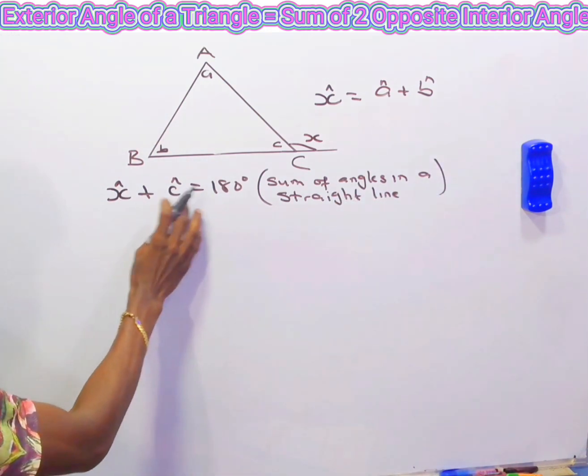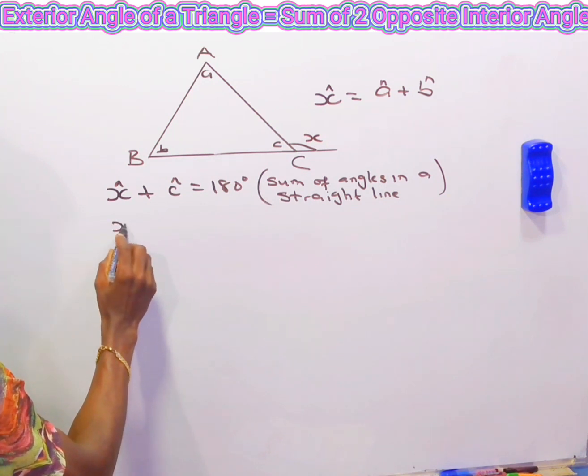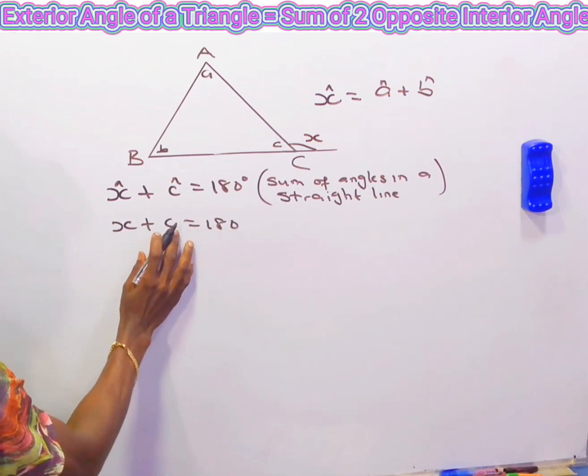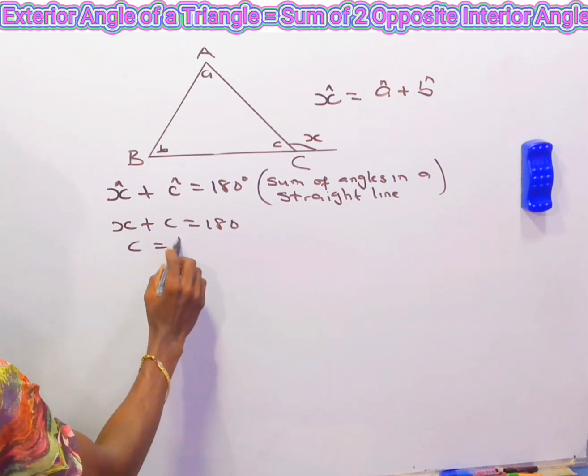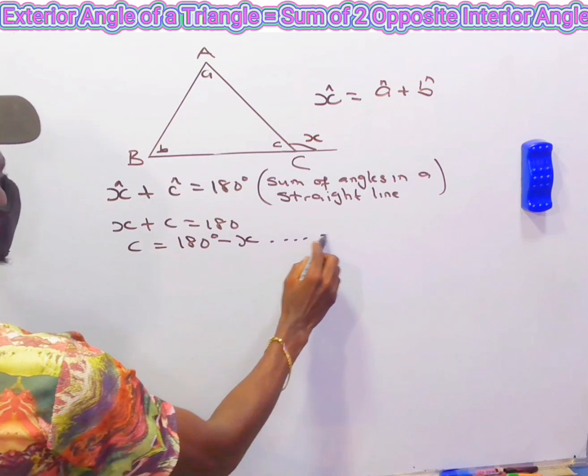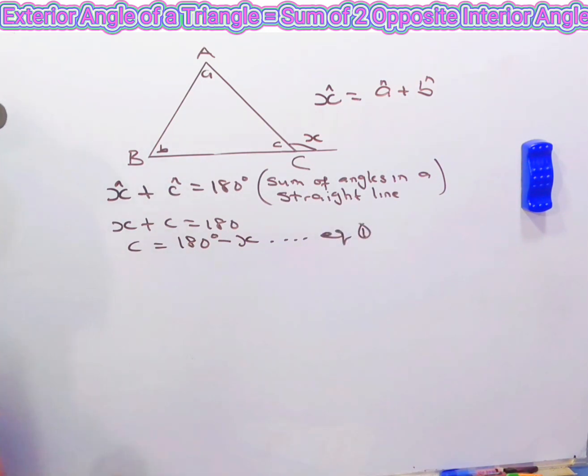So X plus C is equal to 180. Therefore, X plus C equals 180, making C the subject of the formula, we have C to be 180 degrees minus X. Let's call this equation 1.